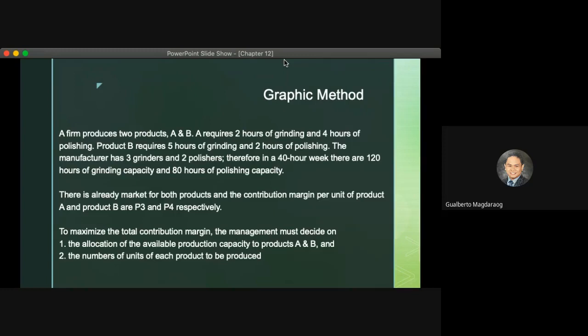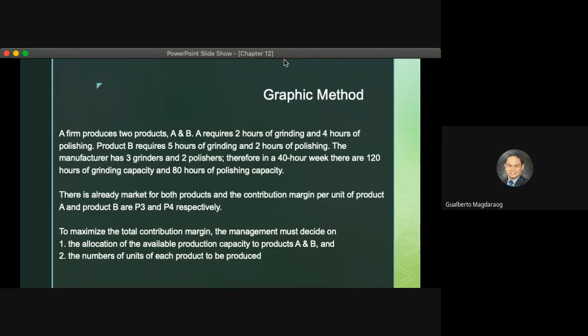There's already a market for both products, and the contribution margin per unit of product A and product B are 3 pesos and 4 pesos respectively. To maximize the total contribution margin, the management must decide on the allocation of the available production capacity to products A and B and the number of units of each product to be produced.